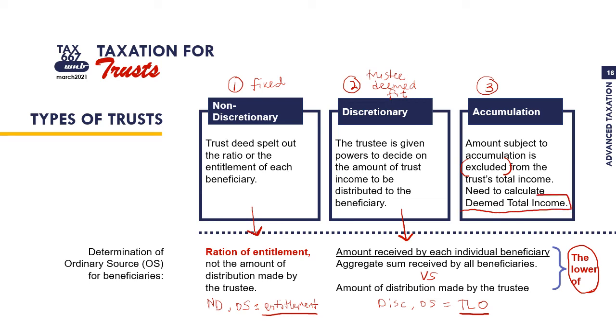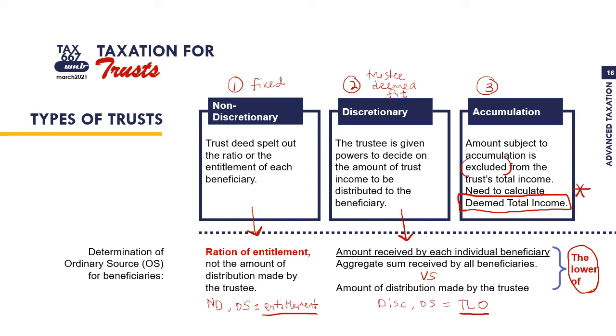Okay, this one I want you to highlight. If there is an accumulation trust, what we need to do first when we get the question is determine deemed total income. If your question only talks about non-discretionary and discretionary trust, there is no need to calculate deemed total income.